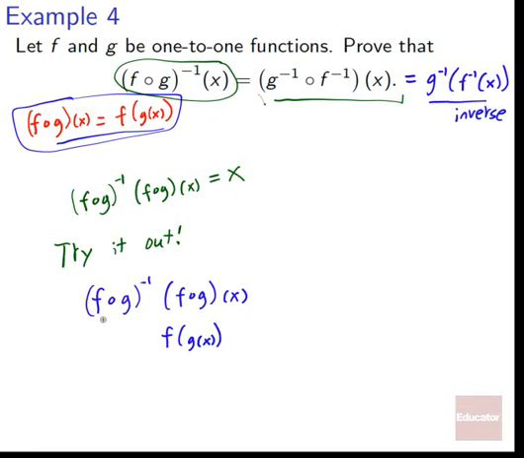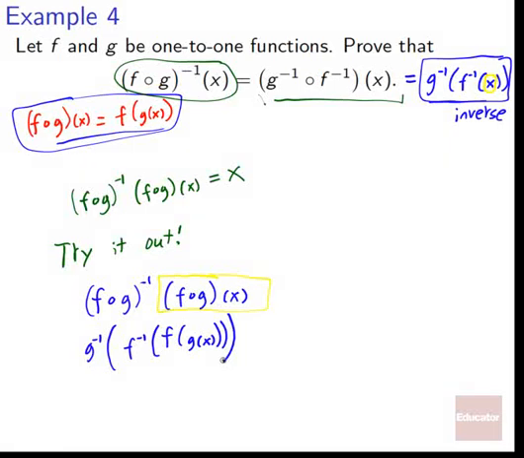All right, what is f composed with g inverse? Well, we know from over here that we can break that into g inverse acting on f inverse acting on whatever's going into it. What's going into it here is this whole thing, right? So it's going to be g inverse acting on f inverse acting on f acting on g acting on x. And then we close up all of those parentheses.